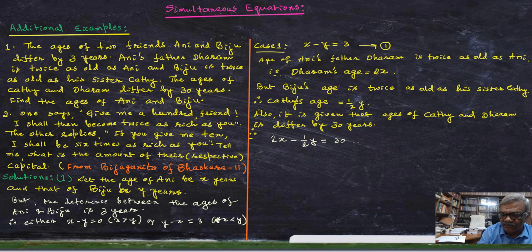And therefore, I can write down 4x minus Y equal to 60. I will call this equation 2.